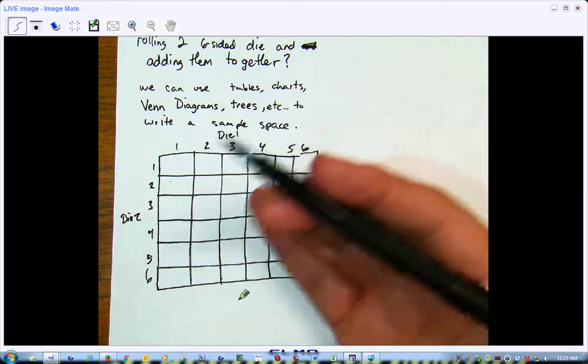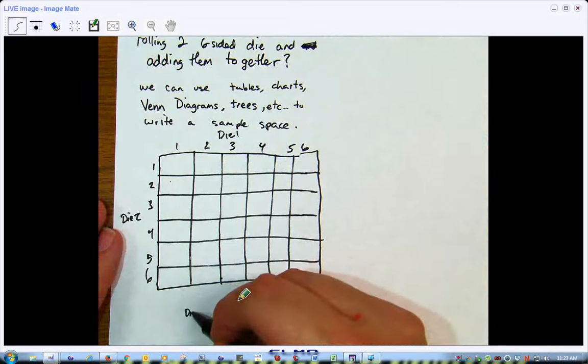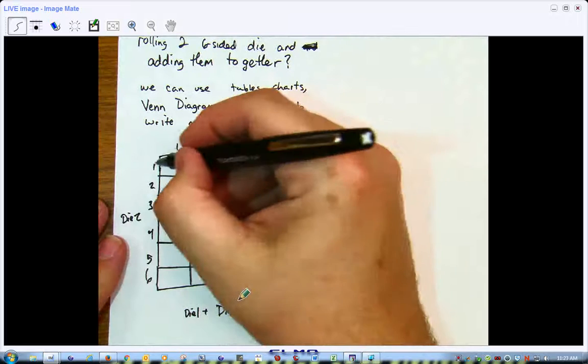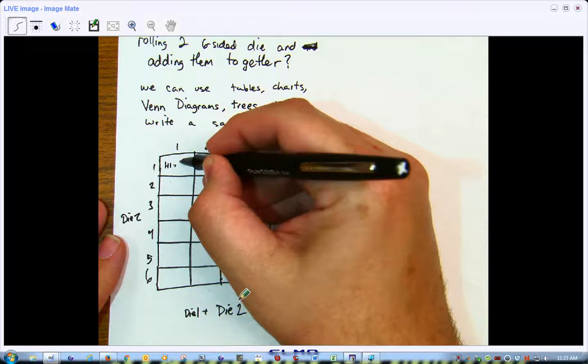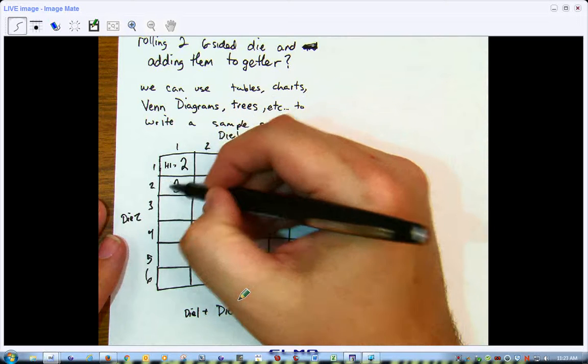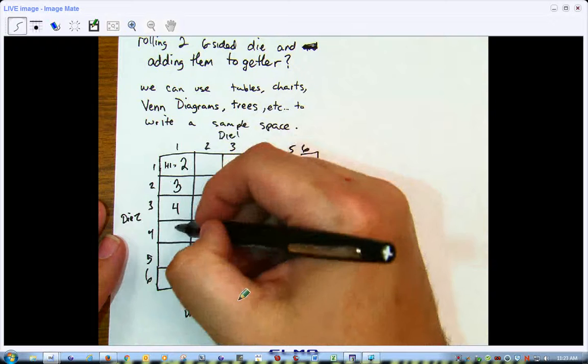So now, in this case, I'm adding them together, so I want die 1 plus die 2. So in each box, what's 1 plus 1? Alright, that's 2. What's 2 plus 1? And then 3 plus 1. 4 plus 1. 5 plus 1. 6 plus 1.